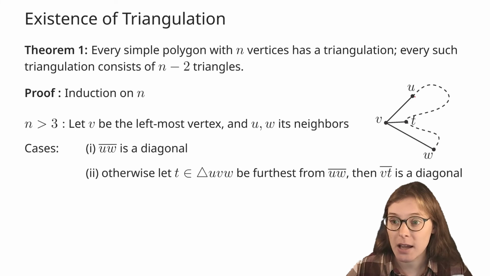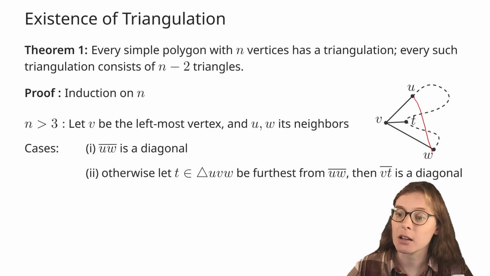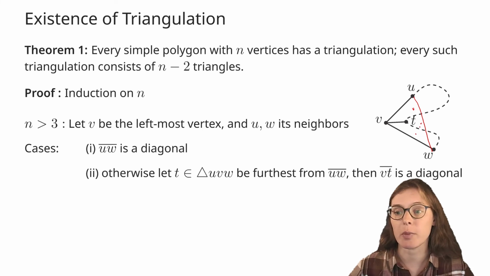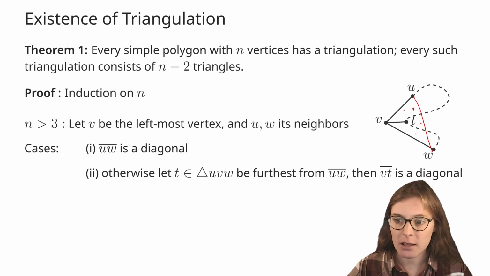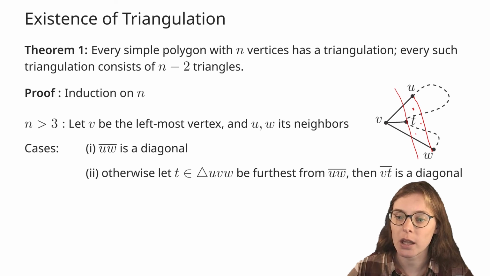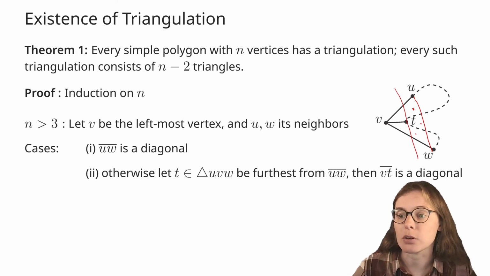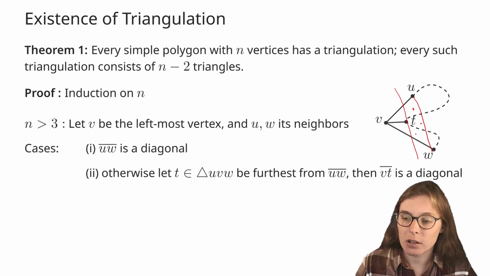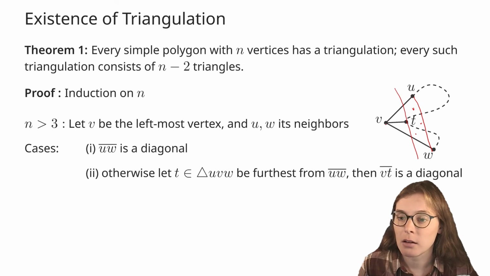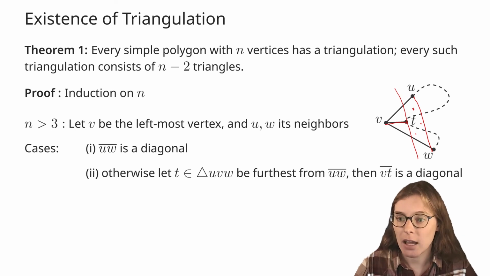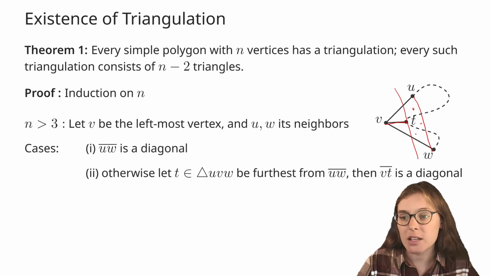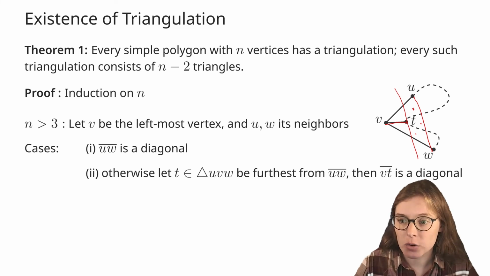Well, that means that within triangle UVW, there may be other points of the polygon. We're going to find such a point T that is furthest away from UW, and this will ensure that the segment VT completely lies inside the polygon, and thus we can split the polygon into two smaller subpolygons.